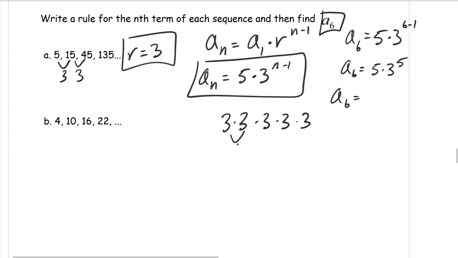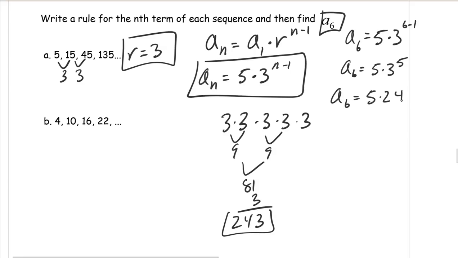Well, that makes 9. And that makes 9. So that makes 81 times 3 is 243. So 5 times 243. So 243 times 5 is 1,215. So the sixth term is 1,215.